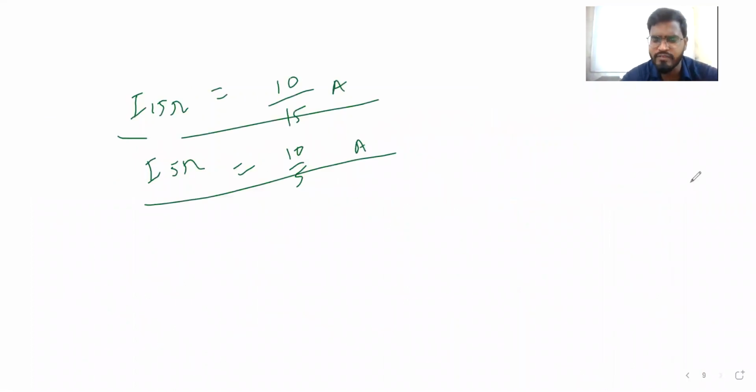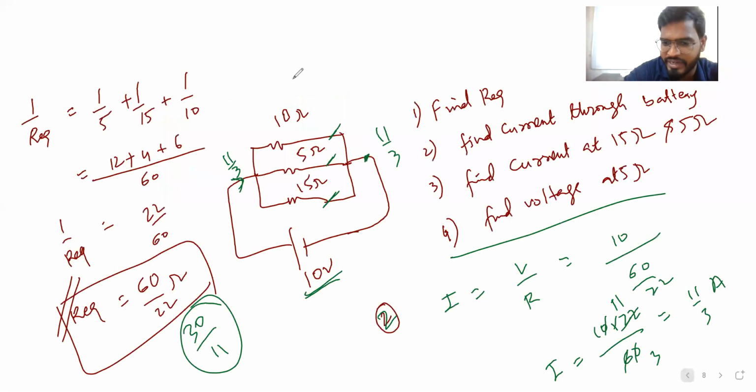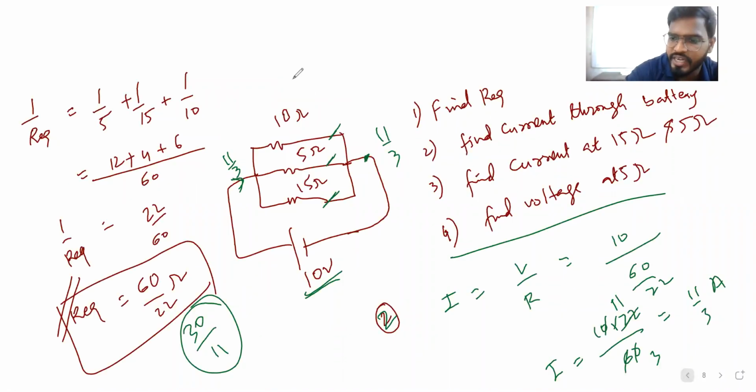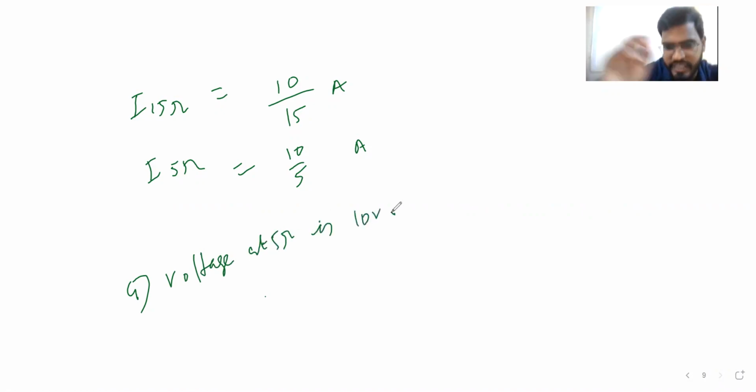The voltage is going to be the same as the battery voltage, 10 volt. So the voltage at 5 ohm is 10 volt only. That's it. This is about parallel.